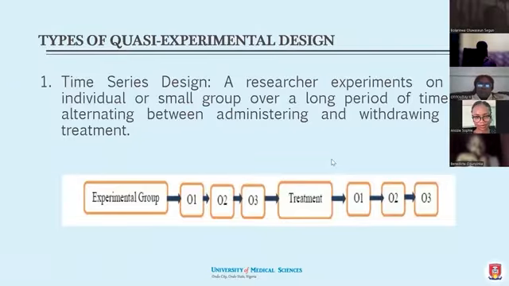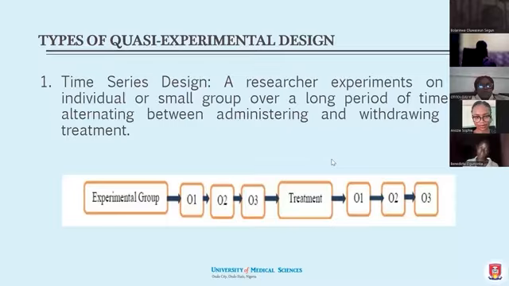You give your treatment, then you withdraw the treatment, then at another interval you give that treatment again, depending on the time period of that study. The timing of that study will determine at what time, at what interval.